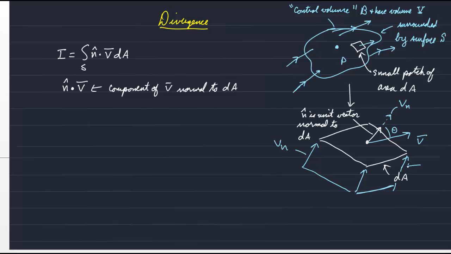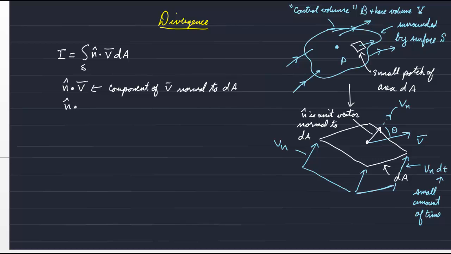The height of this volume is Vn times a small increment of time dt, representing the thickness of this volume.